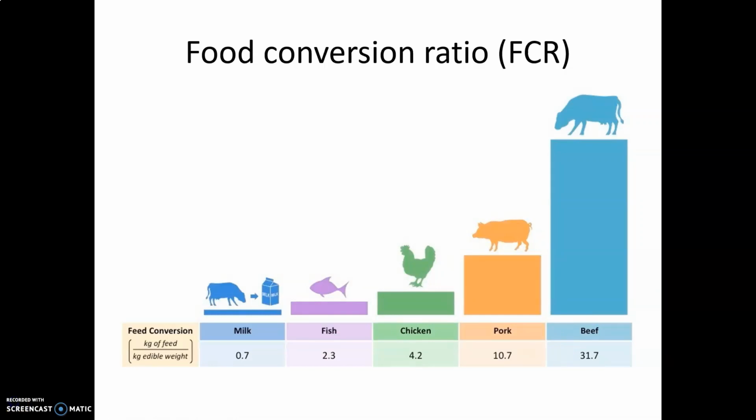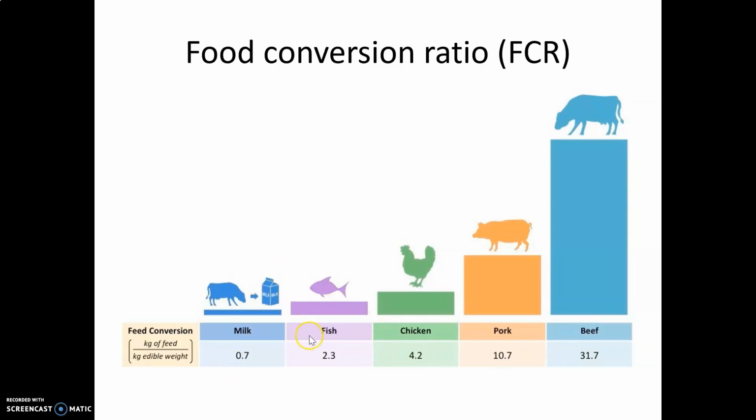And the food conversion ratio, or the feed conversion ratio, that's sort of the same thing, is a number that tells you how many kilograms of feed you need to feed your fish or your chicken or your cow in order to get 1 kilogram of food out of it.